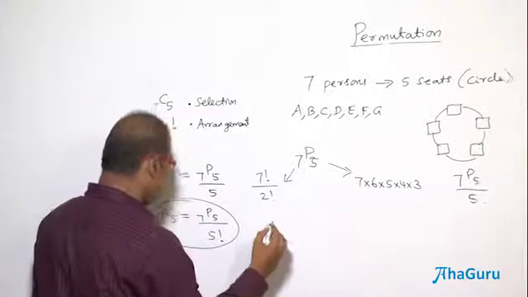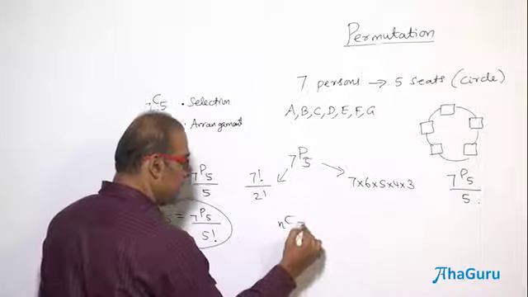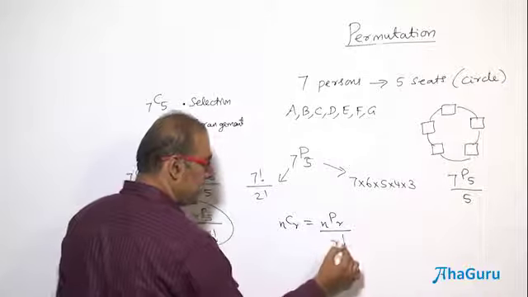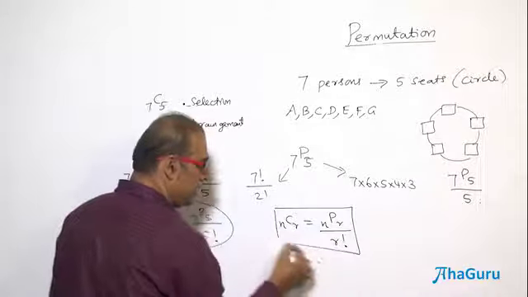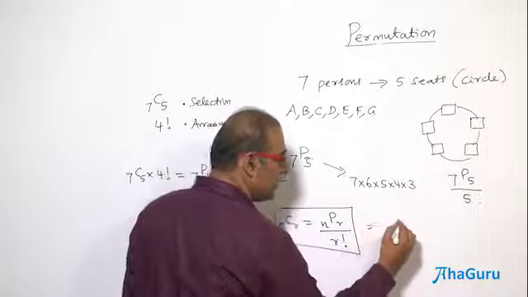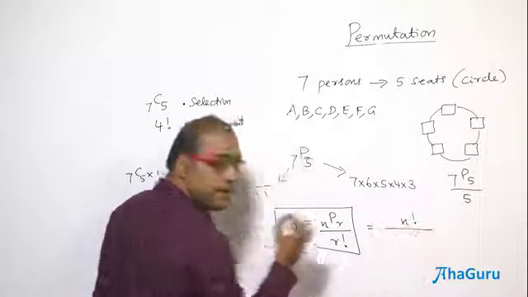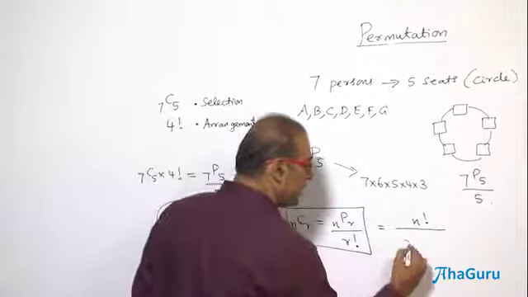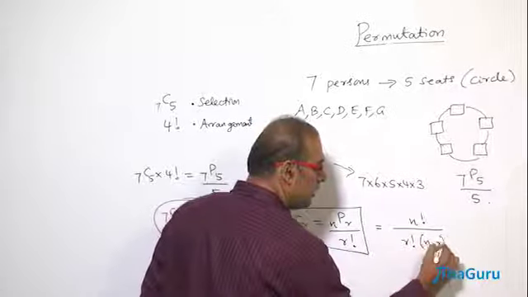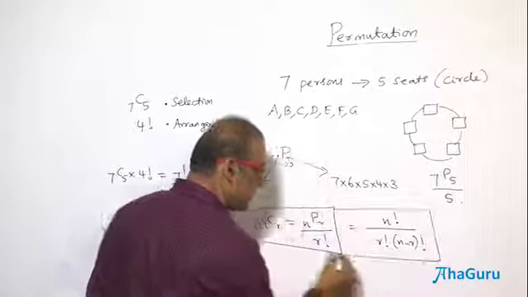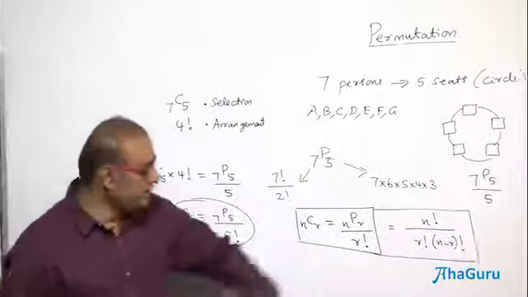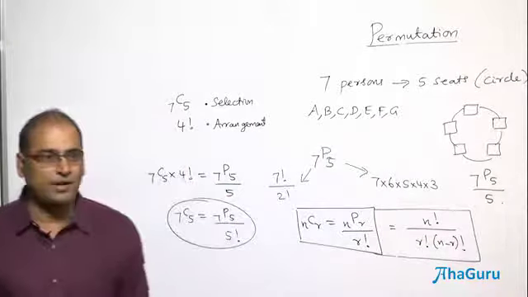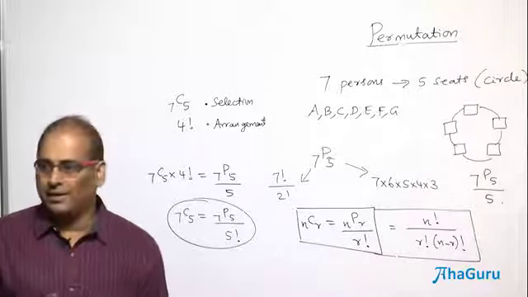Therefore, I can say that in general, n choose r is equal to nPr by r factorial. But you already know what is nPr. nPr is n factorial by n minus r factorial. Then you divide by r factorial. So you get r factorial into n minus r factorial. So that is your n choose r. If you divide that nPr by r factorial, you will be getting n choose r.